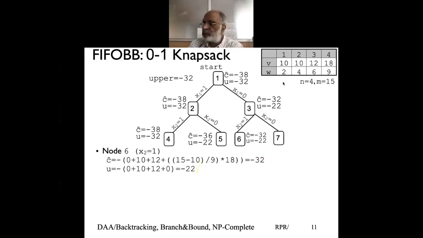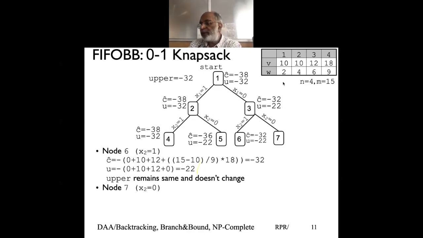Can we explore node 7 and tell me what the values would be? For node 7, what would be my C hat at X and what would be my U at X? Remember this side we are indicating this node is excluded, this is also excluded.